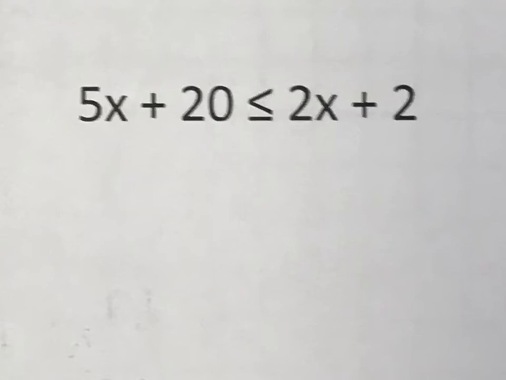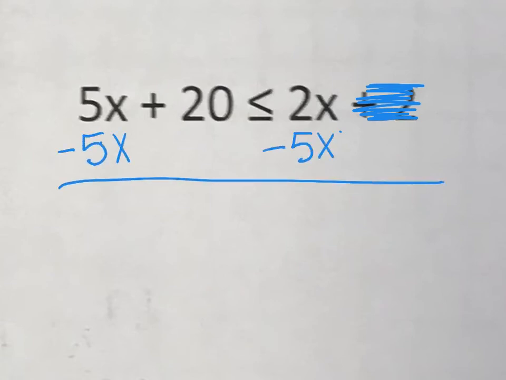So what I'm going to do here is take off this one, and it may come out irregular. Okay. So I'm going to move this 5x over here. So I'm going to say minus 5x, because I don't want to move the 5x and leave nothing on that side.